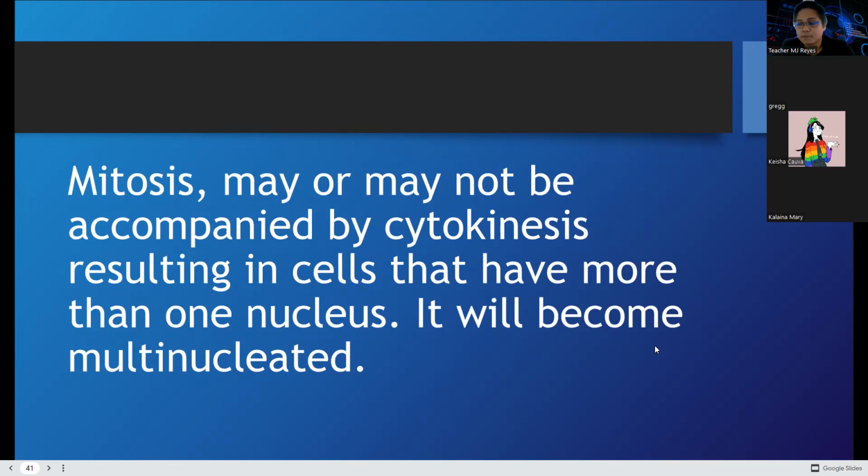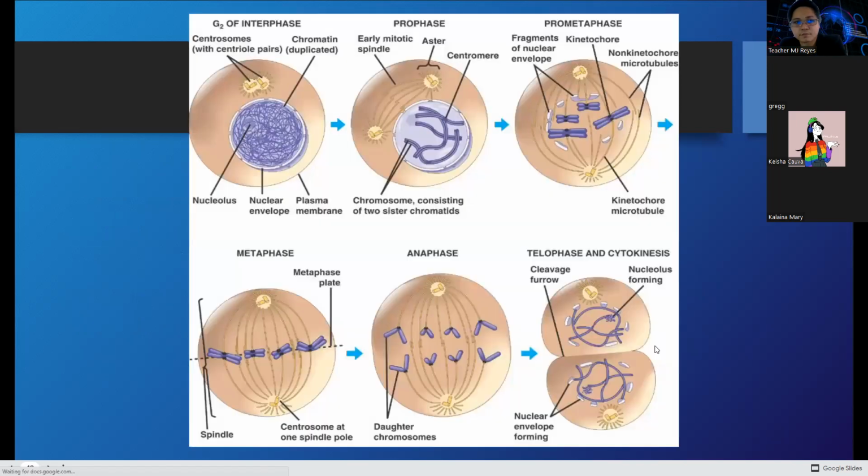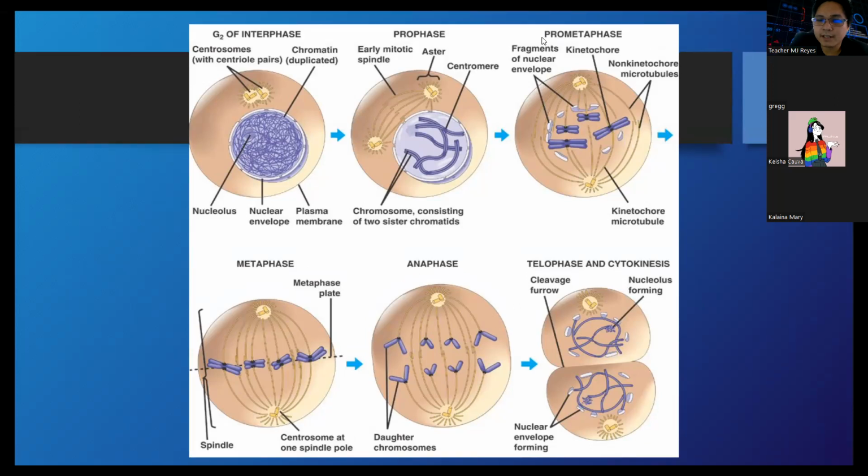That is the reason why, if you look under the microscope, you can actually see two nuclei there. Some plant cells or animal cells have two nuclei. So this is now the layout of the cell cycle and cell division.